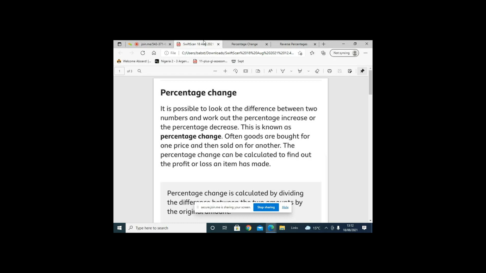The first could come out as a non-calculator question. So I went through a method you can use when it's non-calculator, and I went through the same method and a different method you can use when it's a calculator question. So I did that one last week.